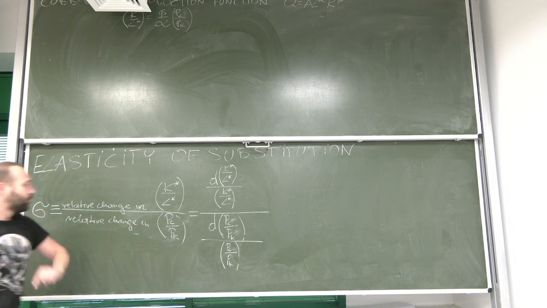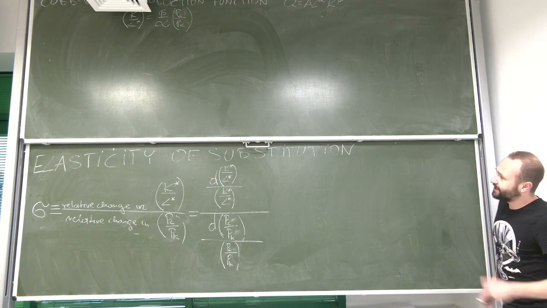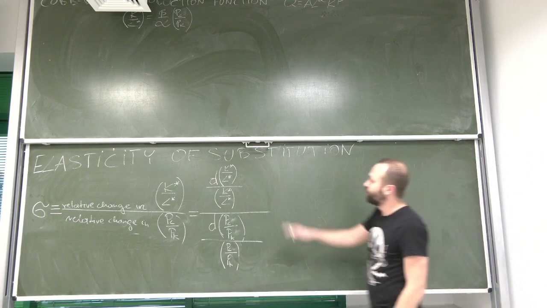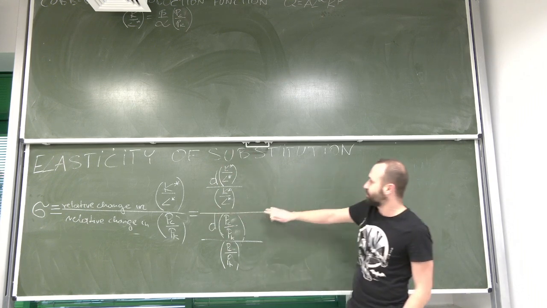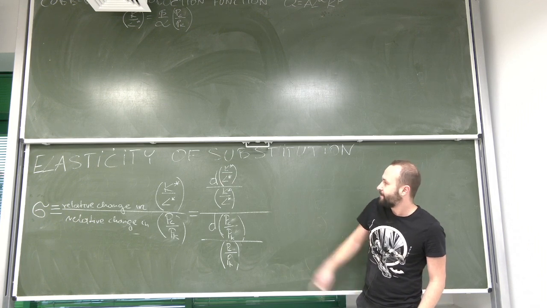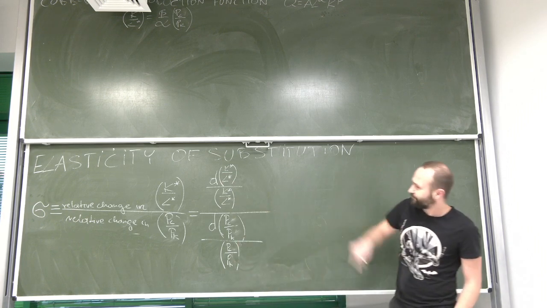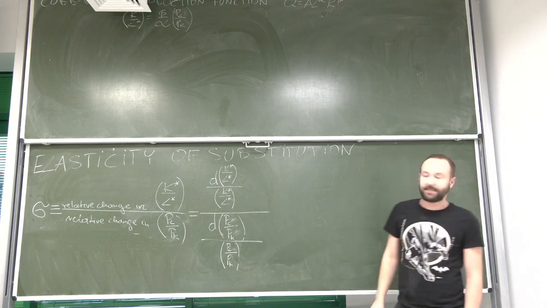Now, if we want to calculate this at every possible point, we're going to use differentials. So relative change in capital to labor ratio is the differential of capital to labor divided by capital to labor at this given point.